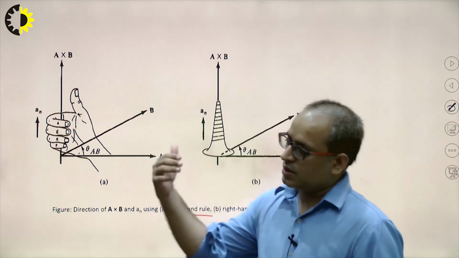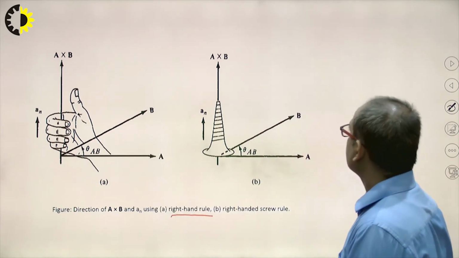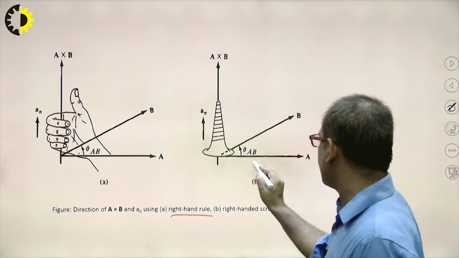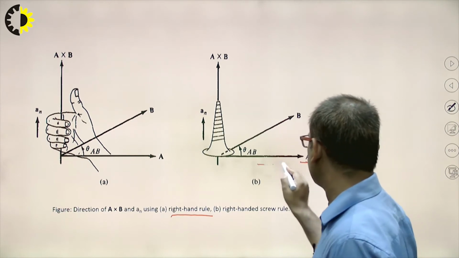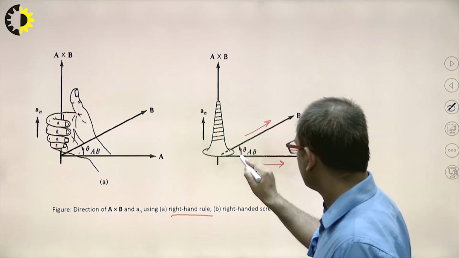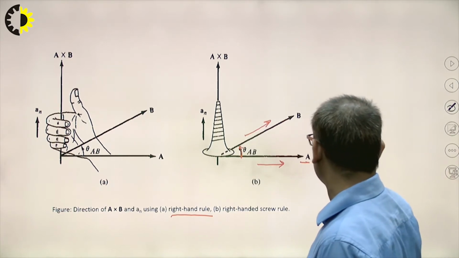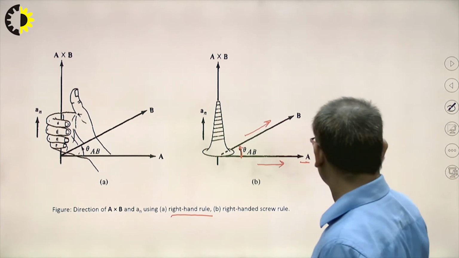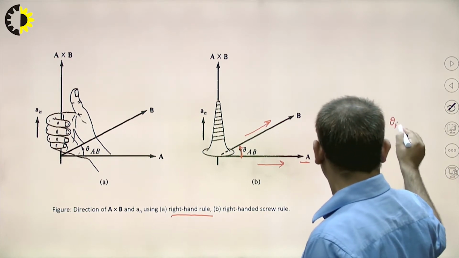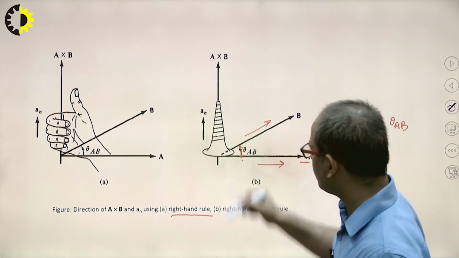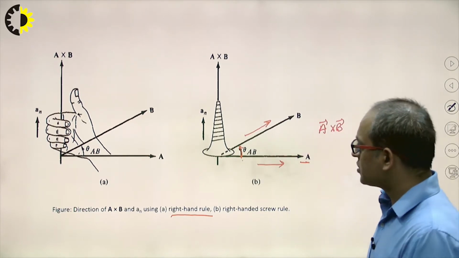Just see this. If this is a vector in this direction and b vector is in this direction, and theta is what? I want to multiply A cross B. A cross B means theta direction will be A to B. Now just put this here.